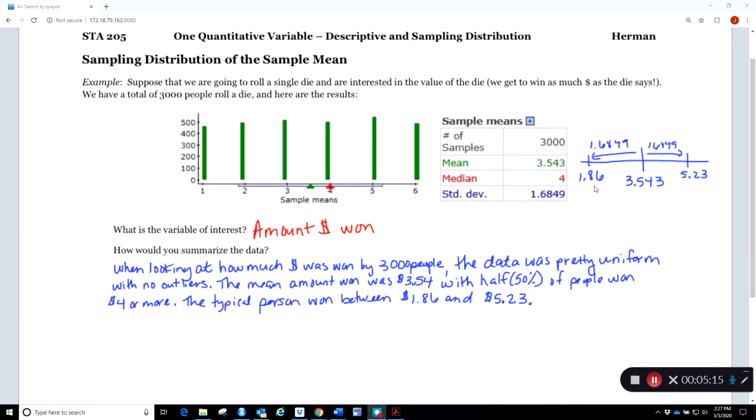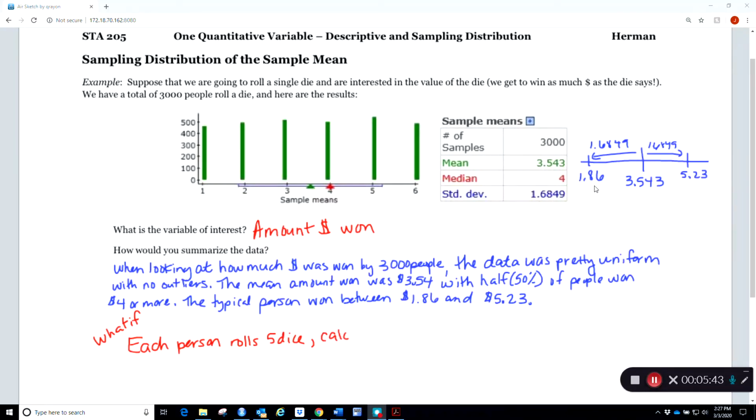Something to think about. This was each person rolling one die. So what if instead of rolling just a single die, each person instead rolls 5 dice all at once?